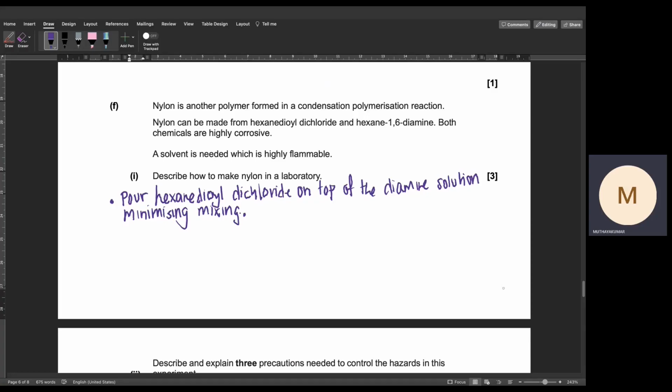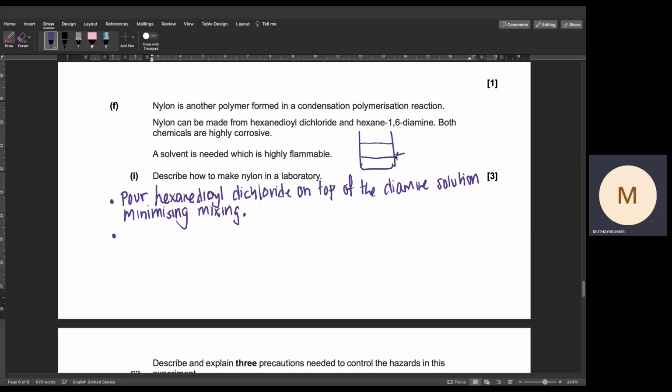You need to be able to describe the method and also be able to recall the safety precautions for this practical. So if I draw the beaker here, you'll have one layer, which is the diamine solution, and then you'd have a second layer, which is the dichloride.